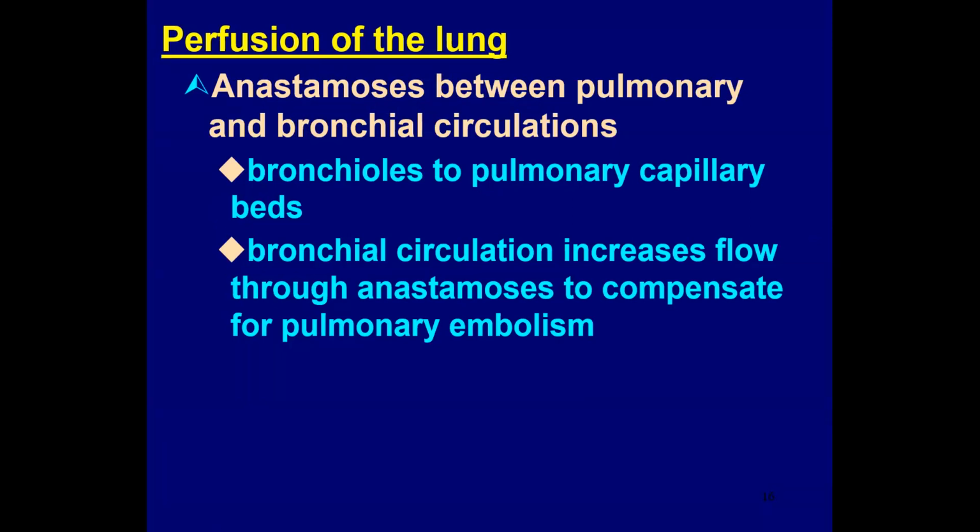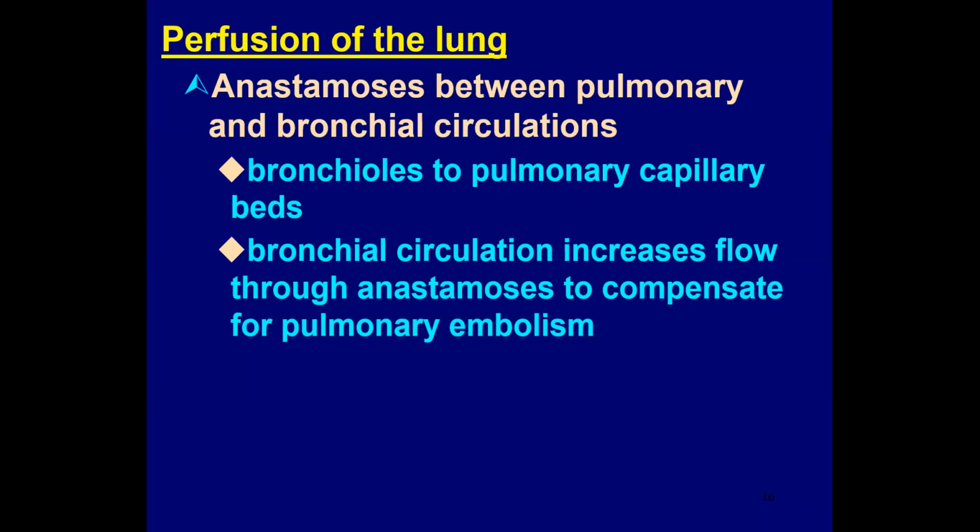Importantly, the bronchial and pulmonary circulations are not completely separate; they do communicate through anastomoses. There are anastomoses between the pulmonary and bronchial circulations, and these are very important. The bronchial circulation increases flow through these anastomoses to the pulmonary capillary beds to compensate for pulmonary embolism.